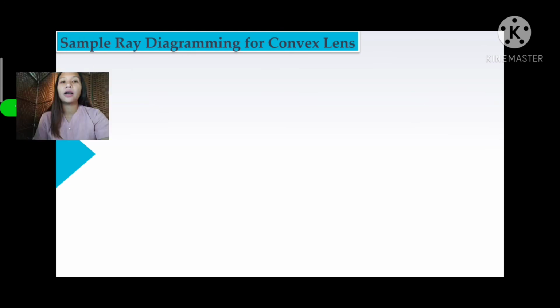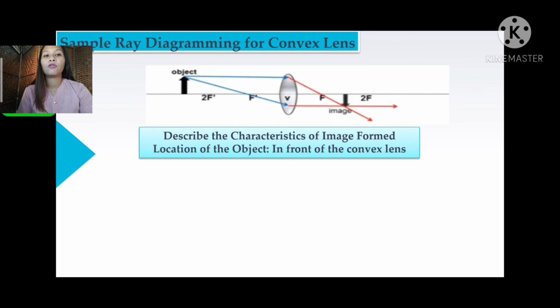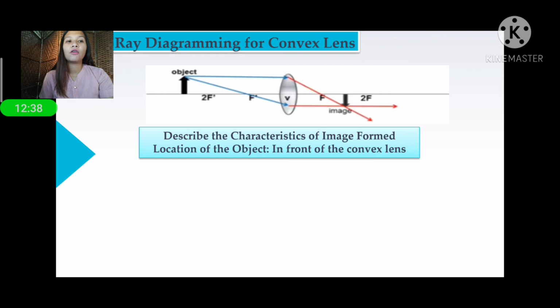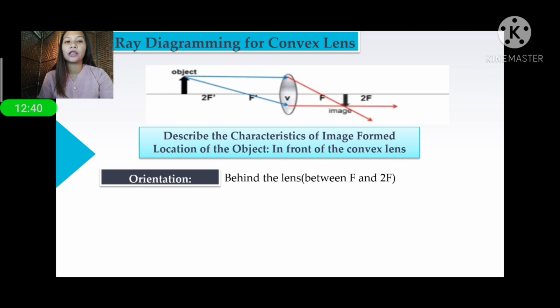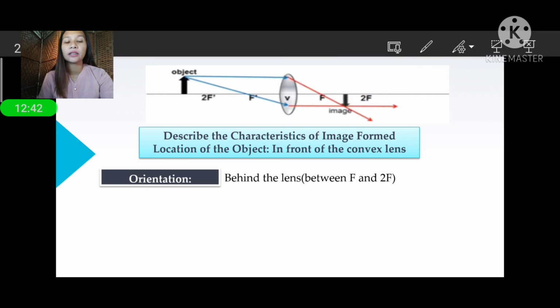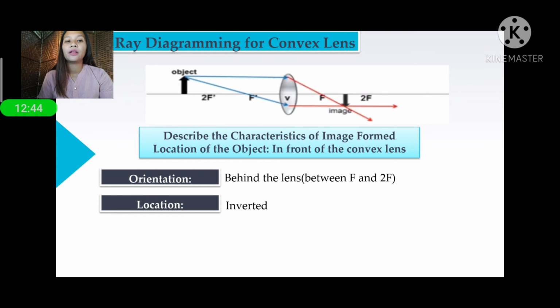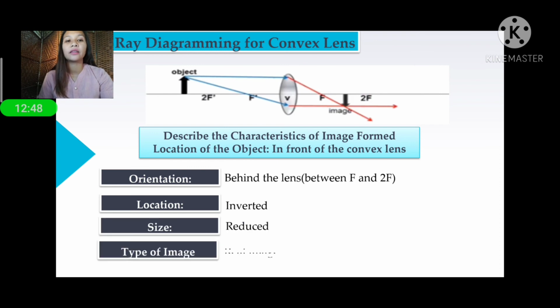So we have sample ray diagrams for convex lenses. If the object is in front of a convex lens, the image is located behind the lens between F and 2F, inverted, reduced in size, and it is a real image.